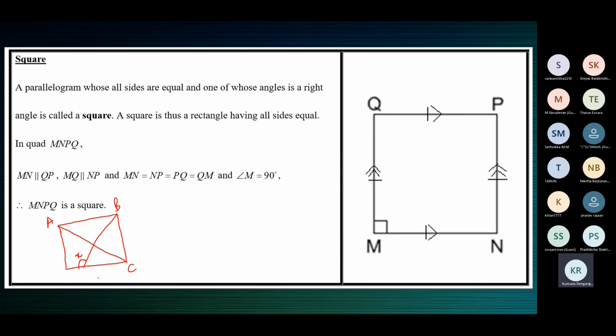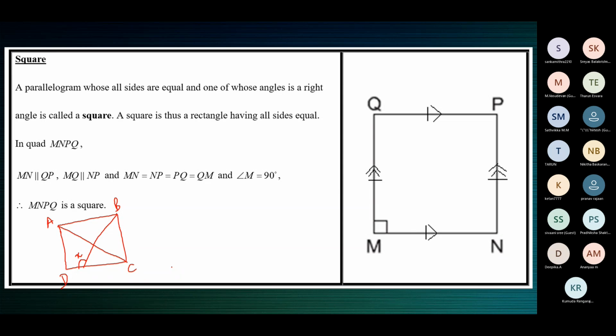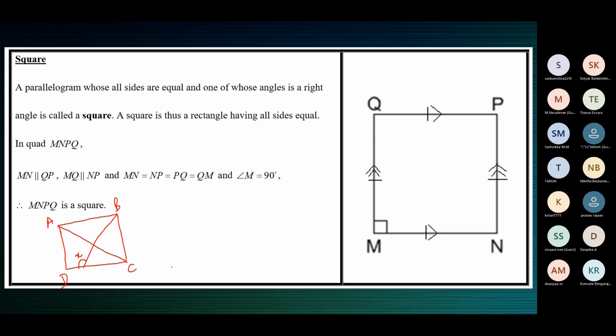If ABCD is a square, find x. First, tell me if it is possible to find with the given information. Yes, ma'am. What's the value of x? 135.